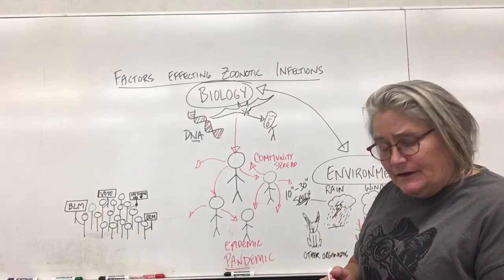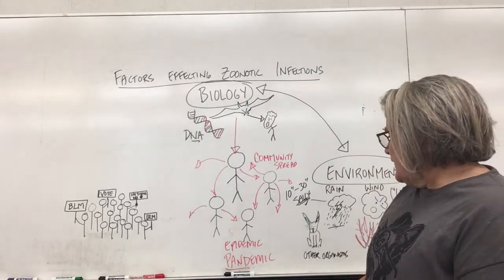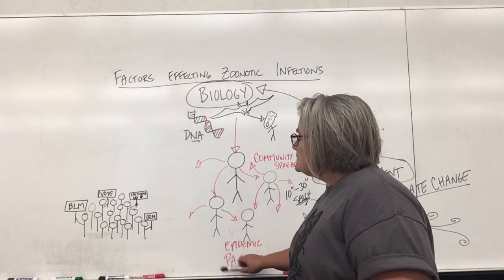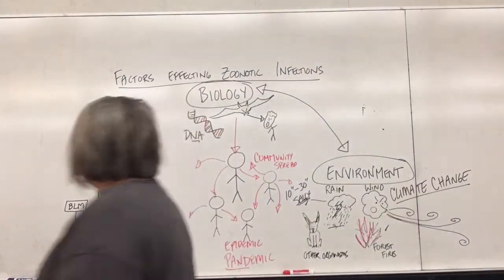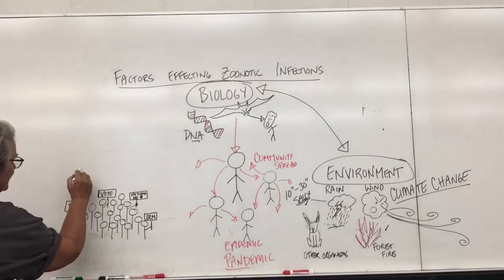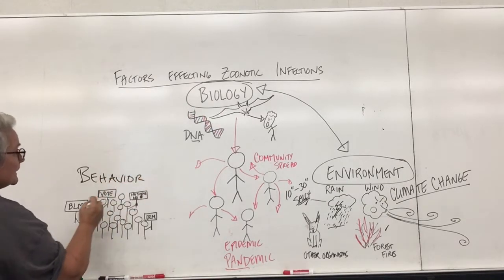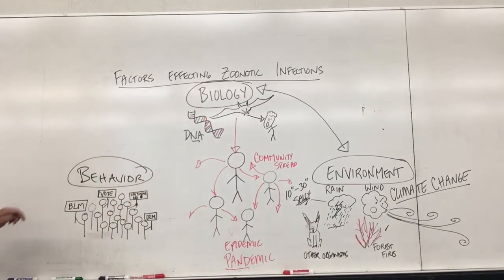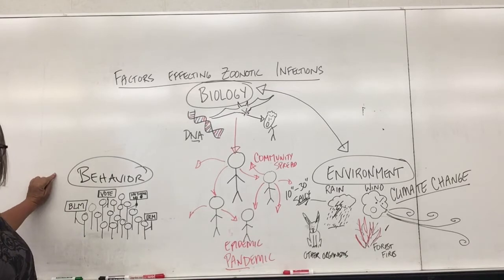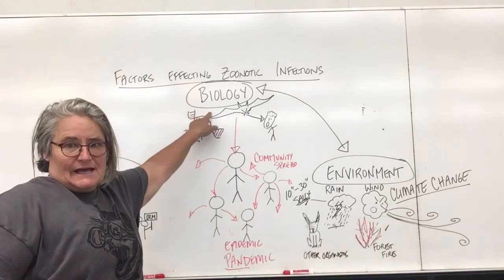The third factor that affects zoonotic infections is over here on this side of the board, and this is human behavior. This one is a little bit of a wild card, and there's a relationship between behavior and your understanding of science.